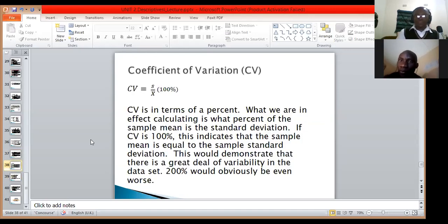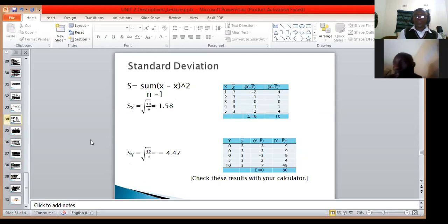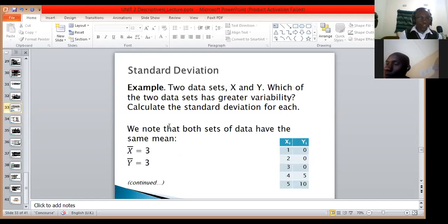If we go back to our previous example, we want to calculate the coefficient of variation for sample X. The formula is the standard deviation of sample X divided by the mean of sample X. Our standard deviation of sample X is 1.58, divided by our mean for sample X, which is 3.